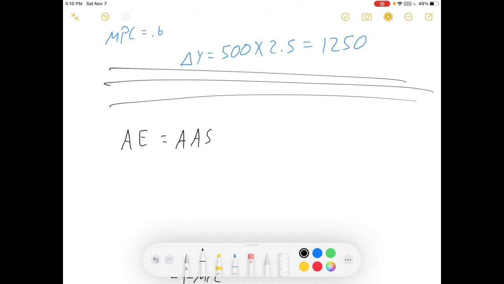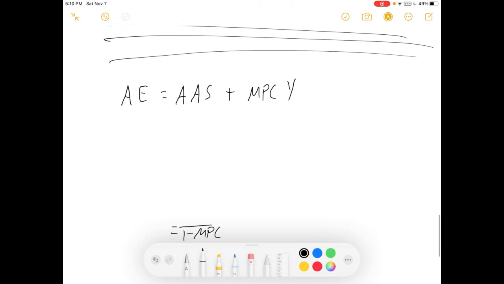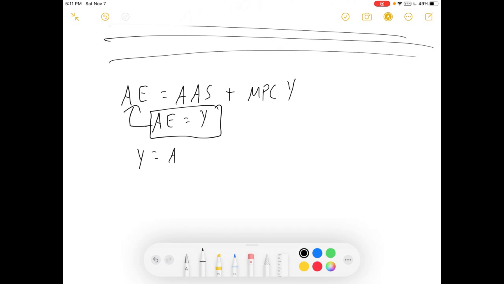There's some autonomous level of spending, the combination of the autonomous consumption plus planned investment plus government spending plus net exports, plus MPC times Y. And we also know that in equilibrium, AE equals Y. So I'm going to substitute this equilibrium result right there. This equation is only true in equilibrium, but that means that Y is equal to AAS plus MPC times Y.